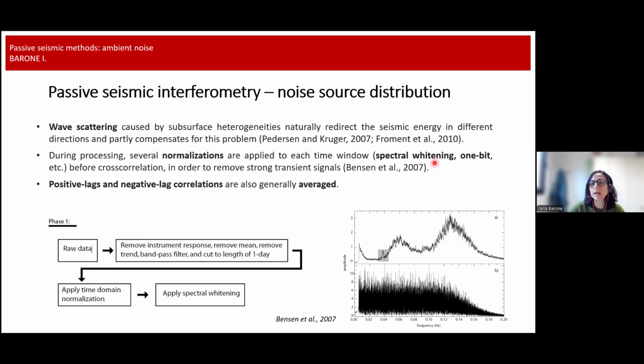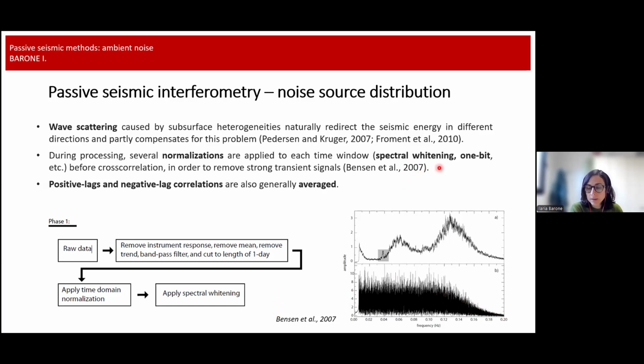Spectral whitening is basically a flattening of the spectrum of the noise, such as in this case. Here we have the original spectrum, and this is the spectrum after spectral whitening. You see there's a common level here, although it's not very smooth, okay? And then there's a ramp down.